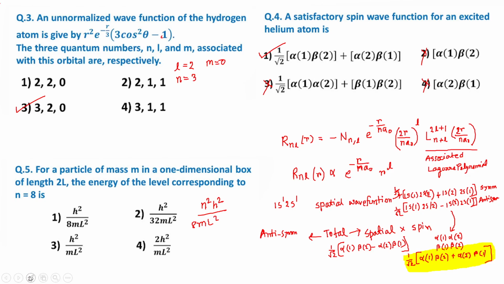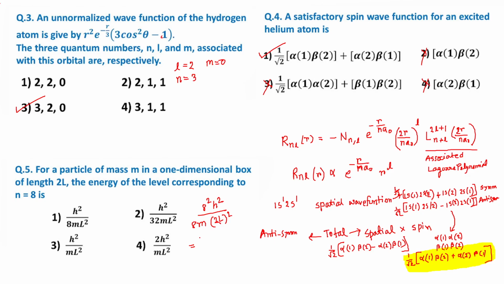So let us do that. What we can do is that will become 2L square, right? And they want to know for n equal to 8. So we can remove n, and in that place put 8.